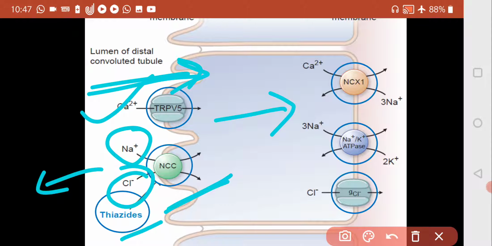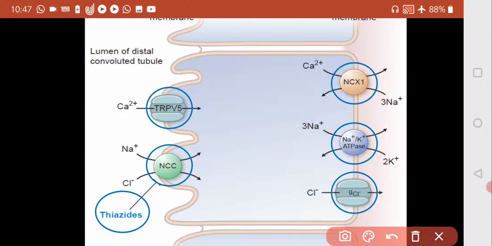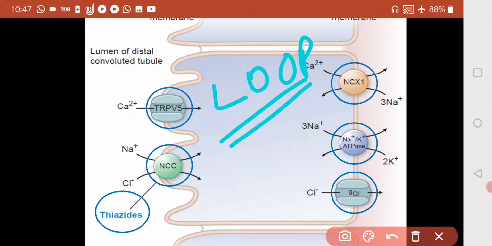So there is more tubular reabsorption of calcium, so there are chances of hypercalcemia. With loop diuretics there is hypocalcemia; with thiazide there is hypercalcemia. It is a major difference between thiazide and loop diuretics.